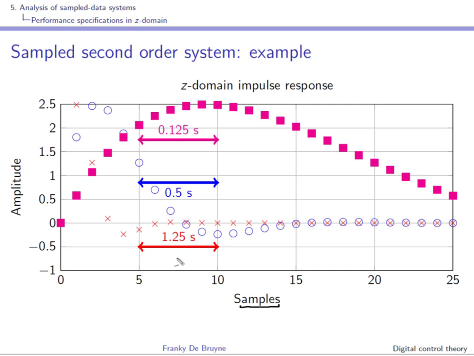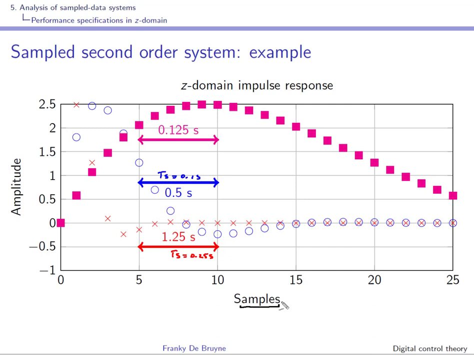So for instance, if the sampling period Ts is equal to 0.25 seconds, then 5 samples is 1.25 seconds. If Ts is equal to 0.1 second, well, then 5 samples corresponds to 0.5 second.